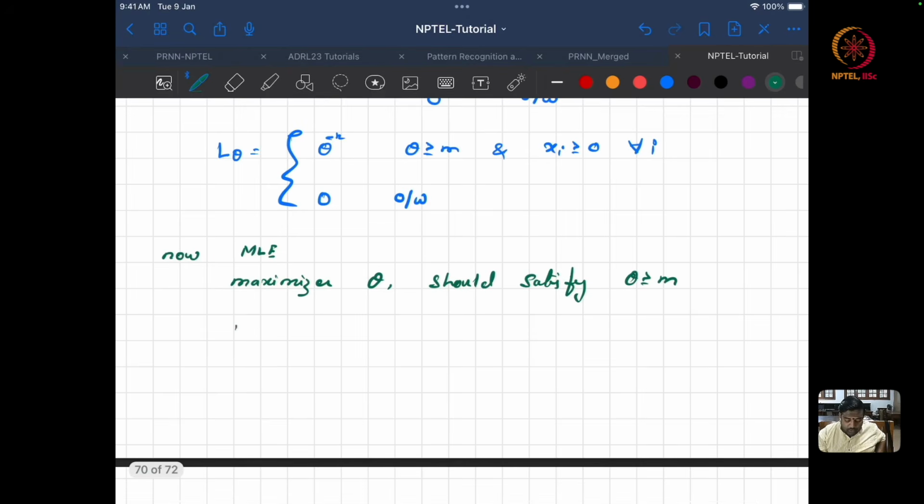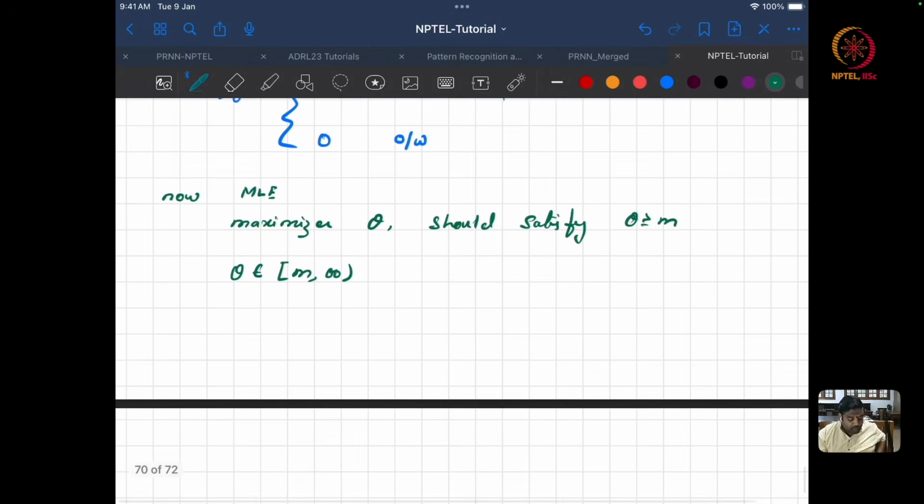And you should remember that this theta can take values from m to infinity. Okay. Now whenever theta is taking a value like this, our L(theta) will be theta to the power of minus n.